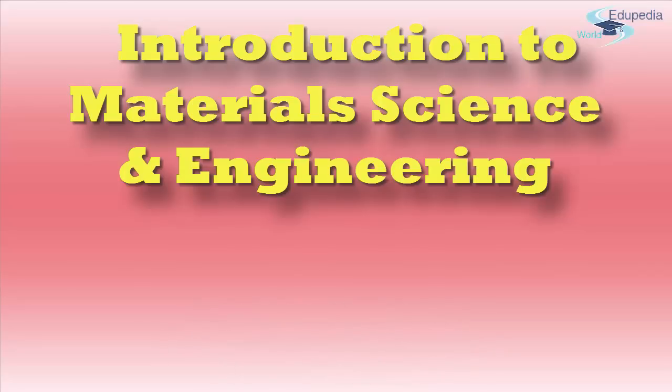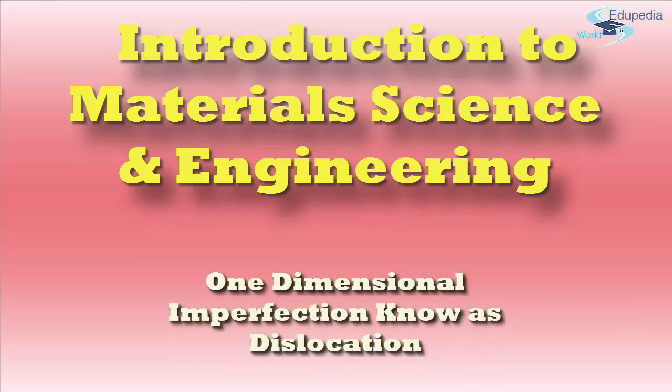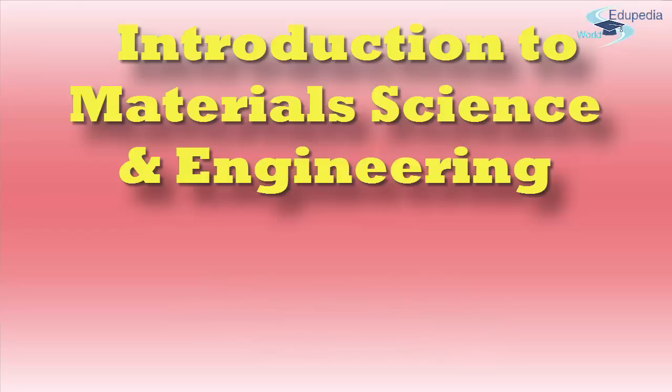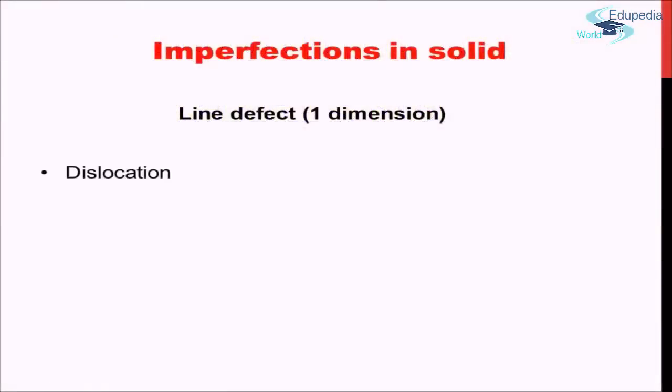Today we'll take the discussion further into other types of imperfections in a solid, namely the one-dimensional imperfections known as dislocations. So dislocation is a kind of line defect, that is a one-dimensional defect, and dislocation can be of two kinds.